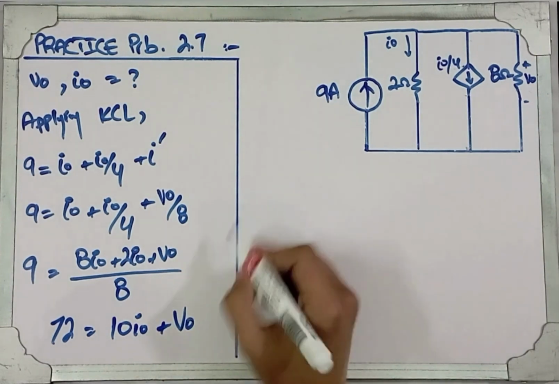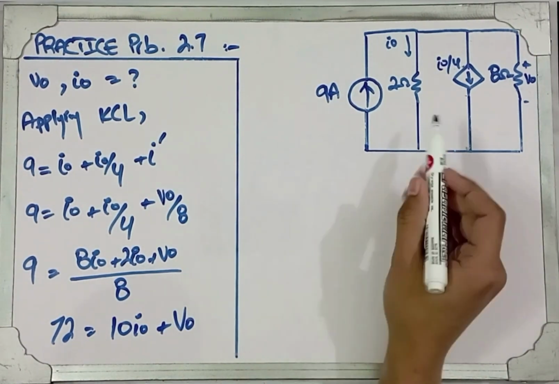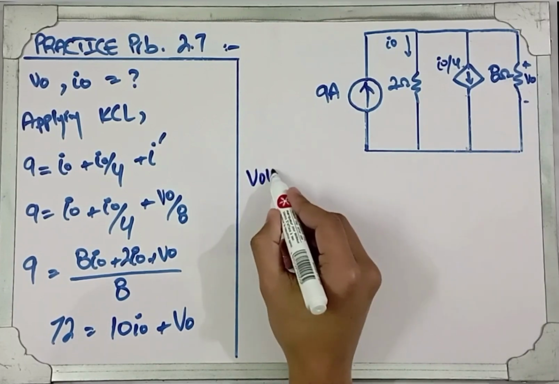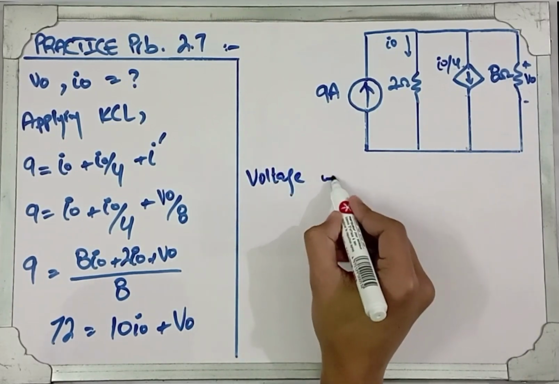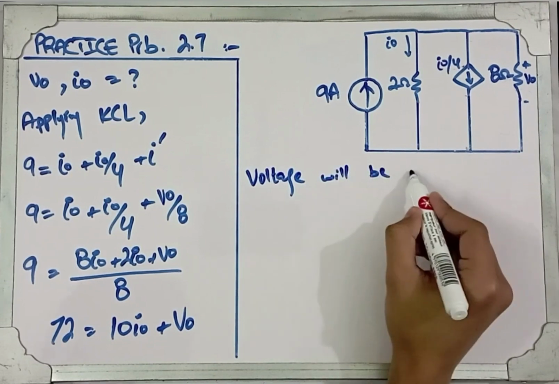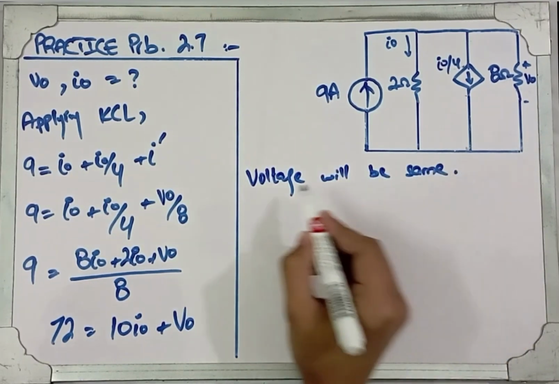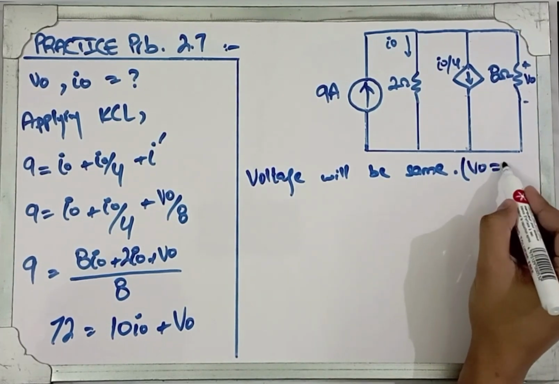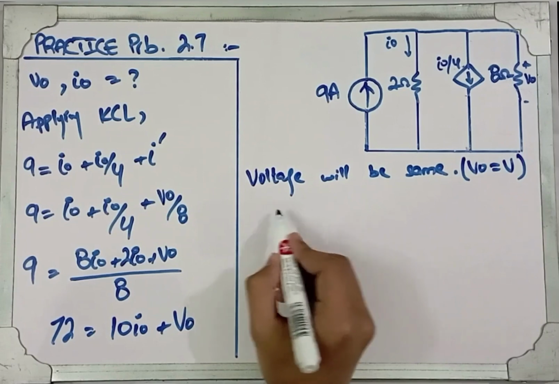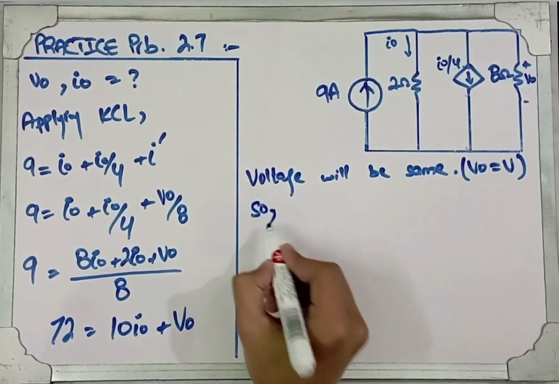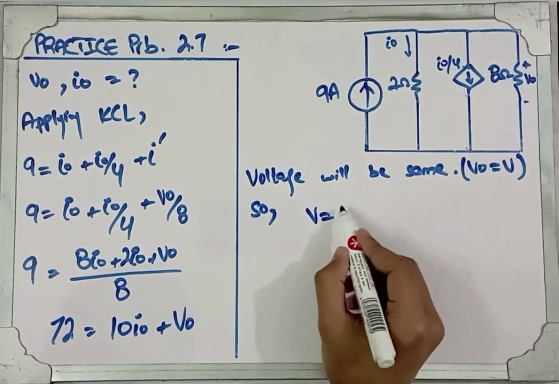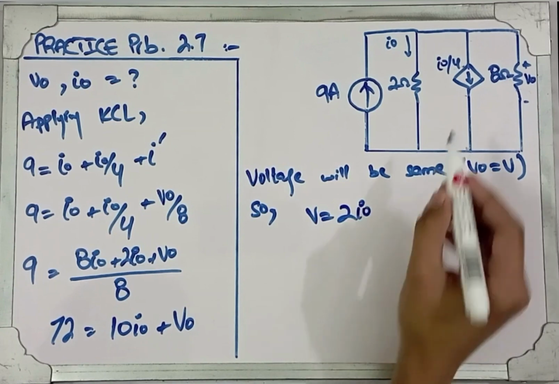Now as you can see, the whole circuit is in parallel form, so in parallel the voltage across each branch is the same. So the V naught voltage that we have to calculate in the last branch will be equal to V, meaning the whole circuit will have the voltage V. So we can apply Ohm's law on that 2 ohm resistor as V equals 2 into I naught.